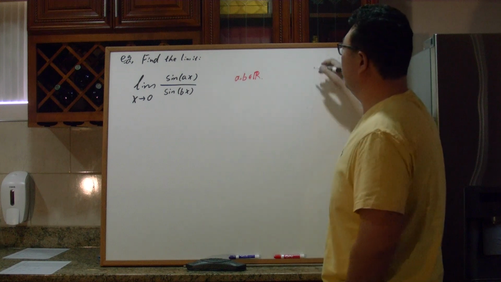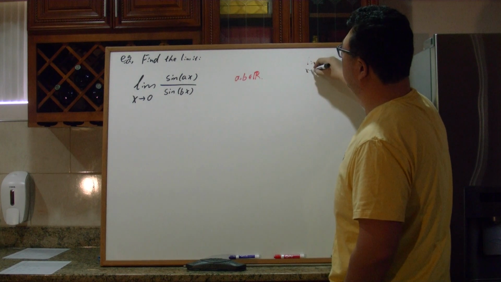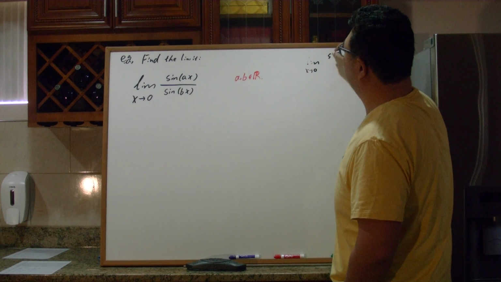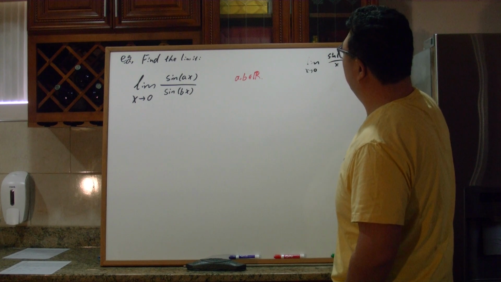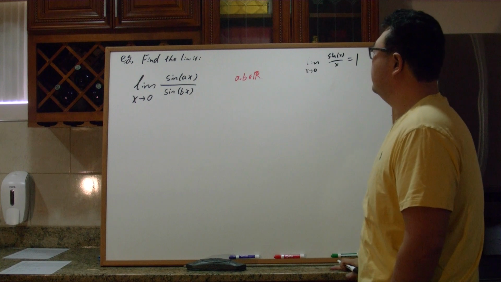We have seen before that the limit as x approaches 0 of sine of x over x equals 1.